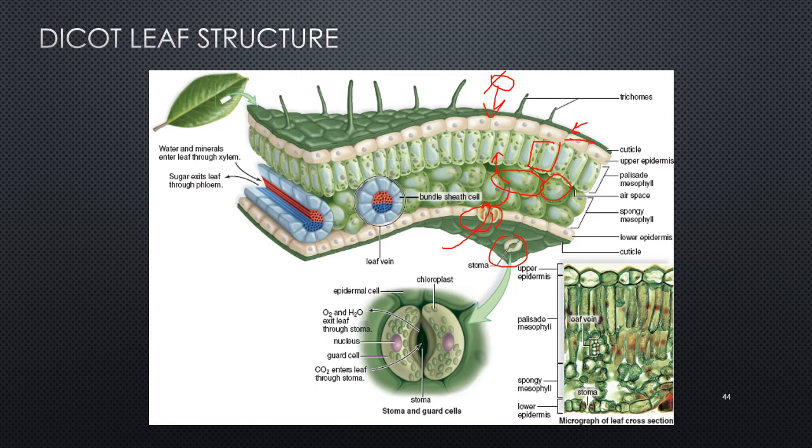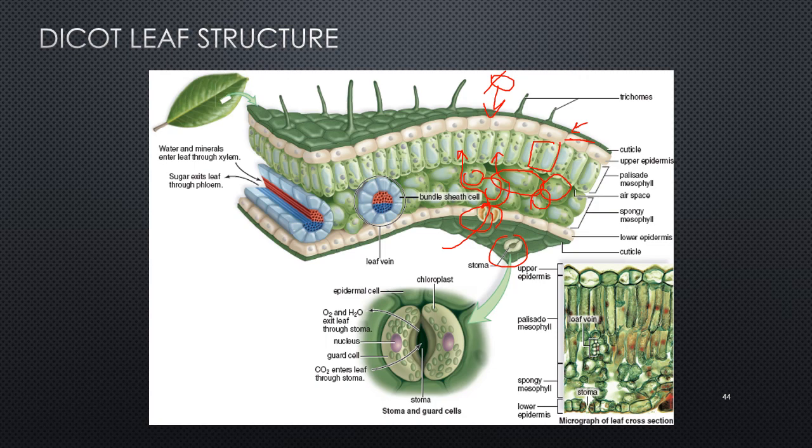So even though we can do photosynthesis in these spongy mesophyll cells, and that's great because they're close to the stomata, so they already get the carbon dioxide, we have to leave air spaces so that that carbon dioxide can then be transported up to the palisade mesophyll cells, where we can also have photosynthesis.